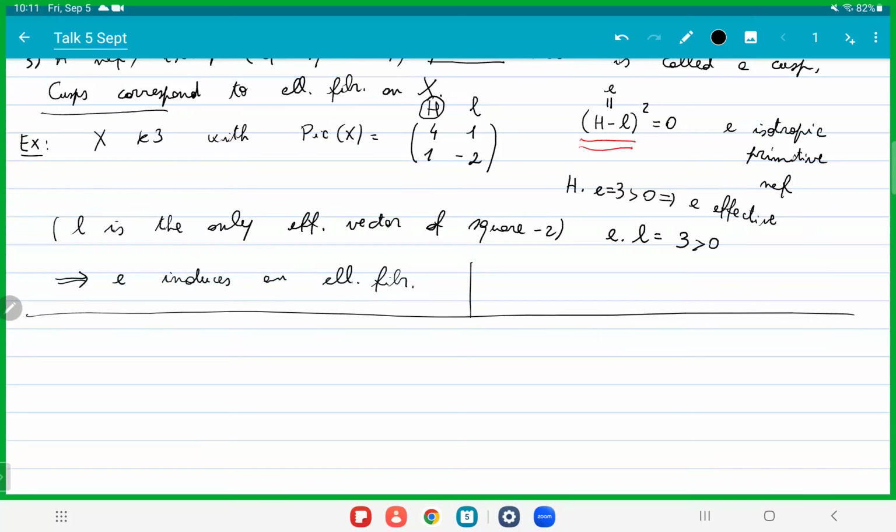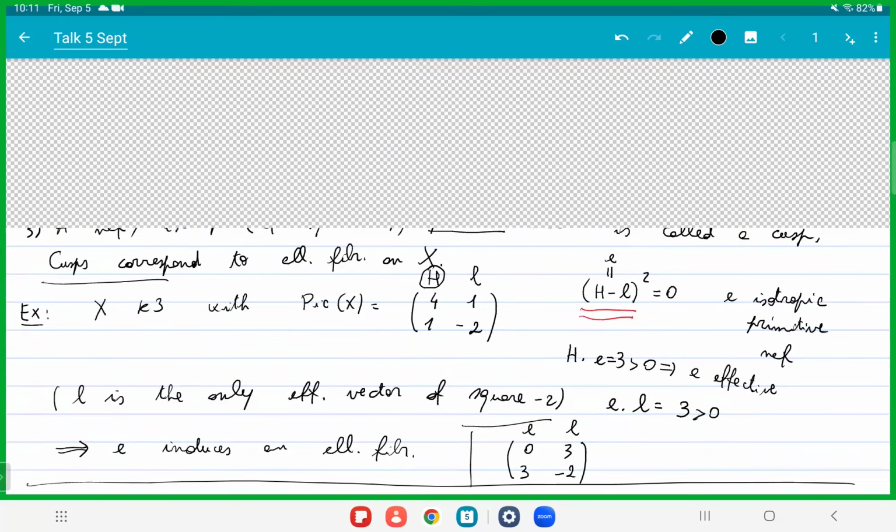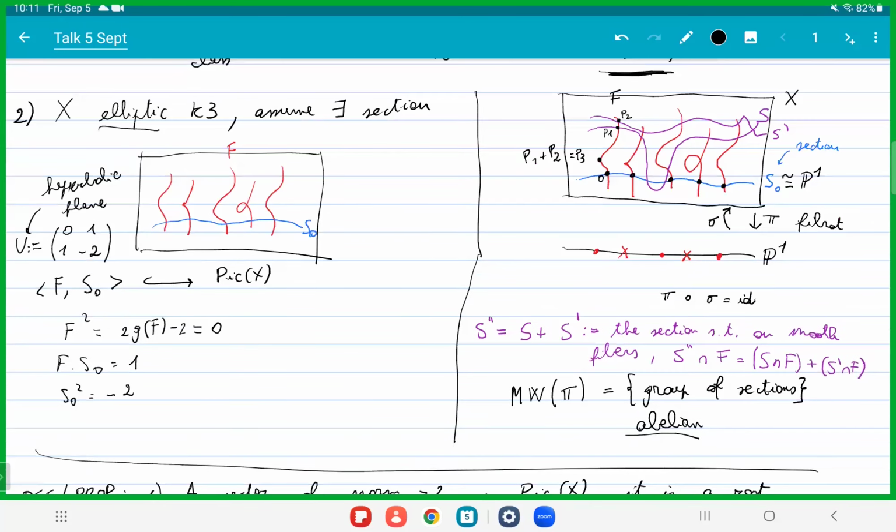I said that I would mention it, but we noticed that if we change basis, and now we have the basis E, L, we have matrix 0, 3, 3, minus 2. So this has determinant -9. Instead, we said that if we had a section, we would have determinant 1 over here, at least if we have rank 2, right?